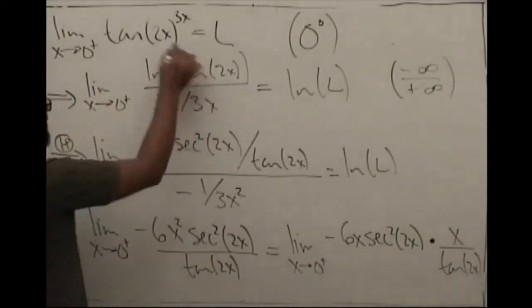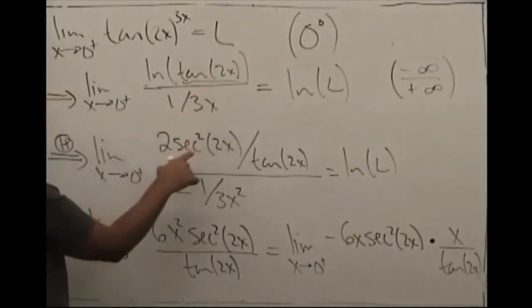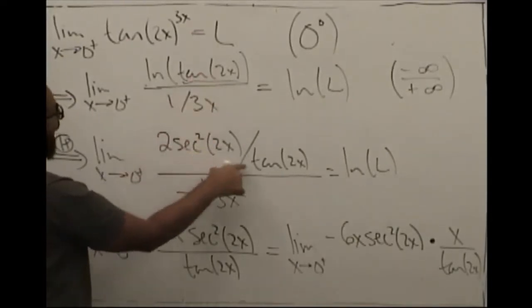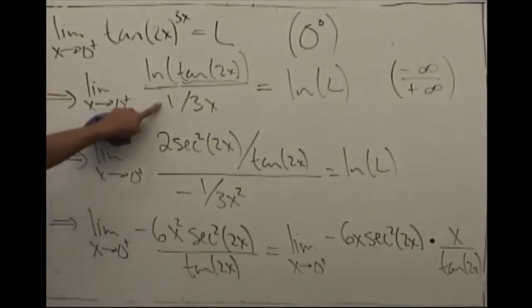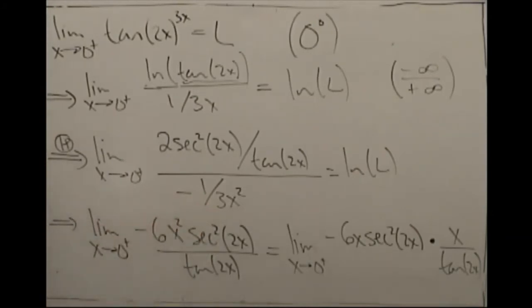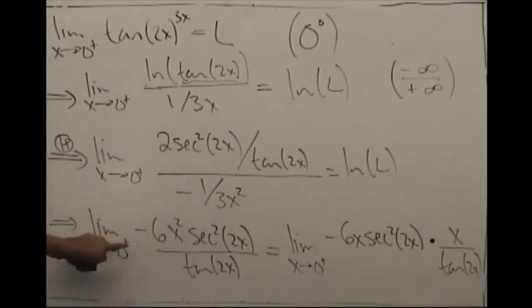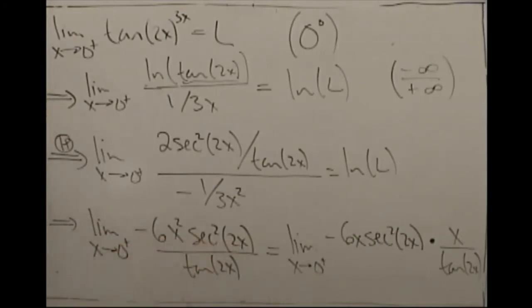The derivative of the numerator is 2 times secant squared of 2x using the chain rule, divided by tangent of 2x. And the derivative of 1 over 3x is just negative 1 over 3x squared. So now you can rewrite all of this mess: flip the bottom and multiply by the top. We get the limit as x approaches 0 of negative 6x squared secant squared 2x over tangent of 2x.